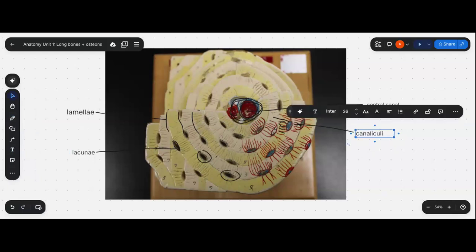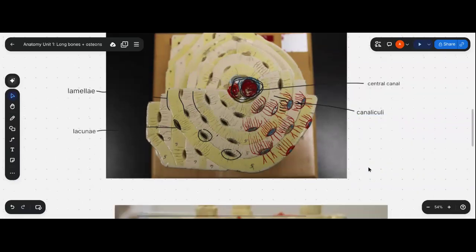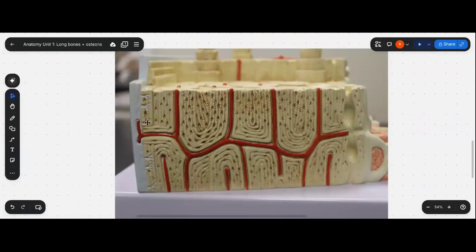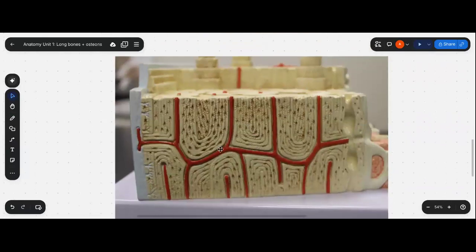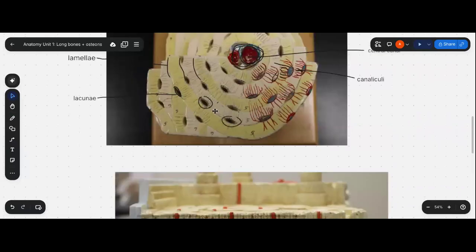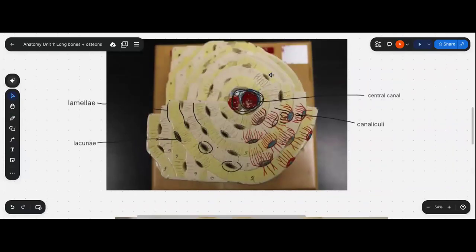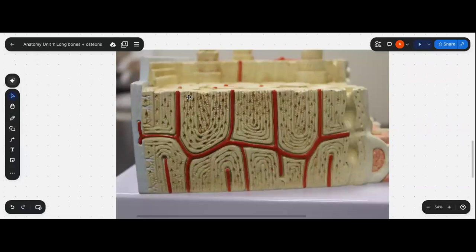All right. Now we are gonna go to the next picture. This is still an osteon. It's just that it is a side view of an osteon so that you can see deep down, because the previous picture was taken from the top of it. Now we're going to the side and we're looking deep down.